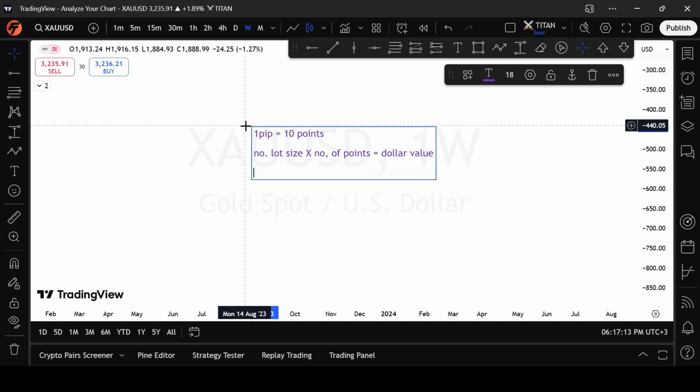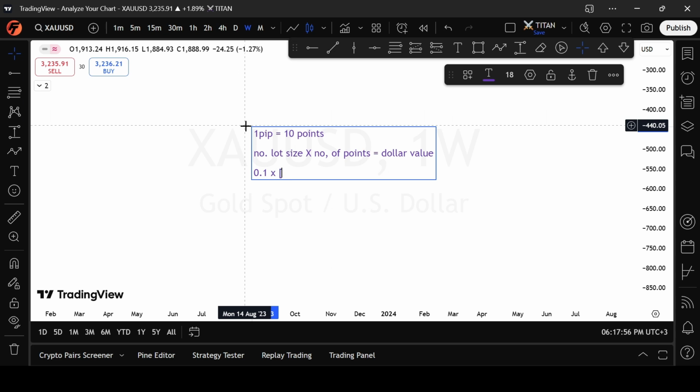So for people who are using multiple lots, you get the whole number of those lots that you're using, and you multiply them with the number of points moved by the market, and usually most of the time that will give you your dollar value. For example, if I'm using a lot size of 0.1, I'm going to multiply that by, let's say the market moved by 100 pips.